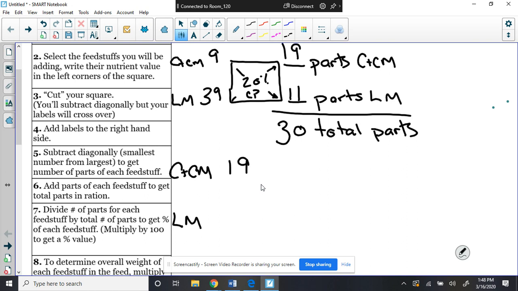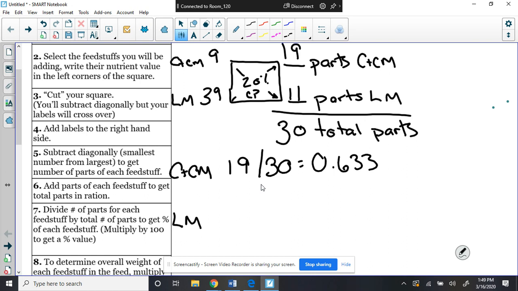So 19 divided by 30 is going to give me my percentage for corn and cob meal, which, when I take out my trusty cell phone calculator, gives a value of about 0.633. As I said previously, I recommend going 3 places past the decimal point just to give yourself more accurate numbers when you multiply by their weights.